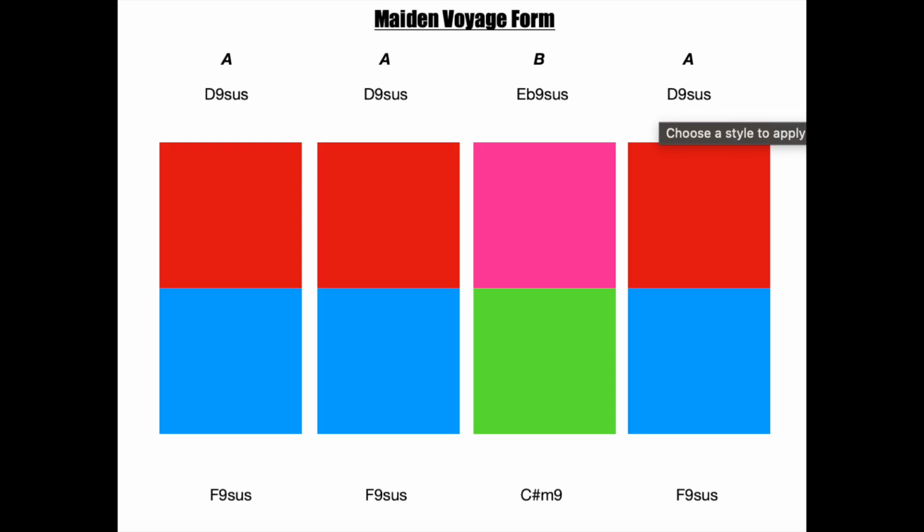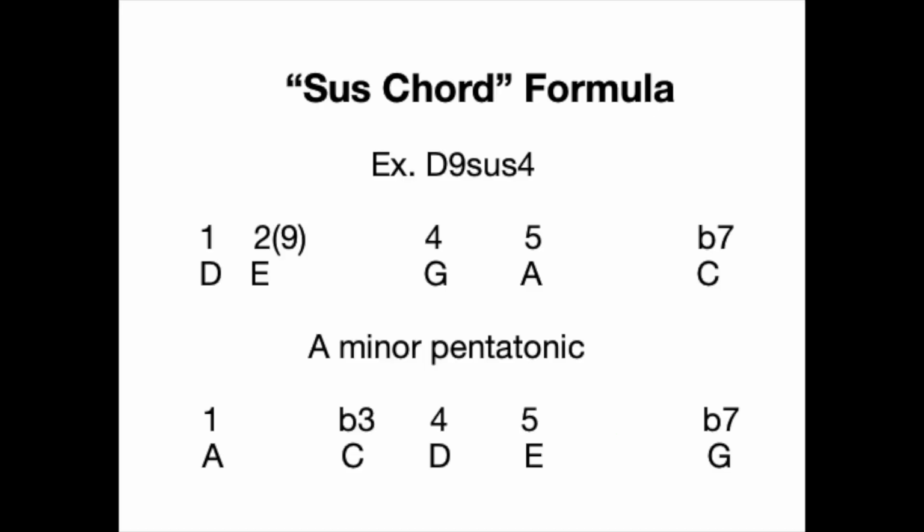So in review, the helpful things you're going to learn from this video are 1, the form of this piece. Number 2, how the sus chord is built theoretically. You can start by saying that it's basically an inversion of a minor pentatonic scale, and a minor pentatonic scale is really just a major pentatonic scale.